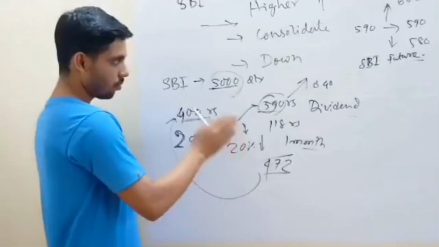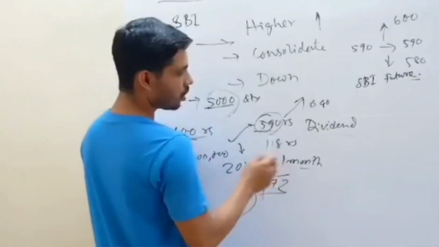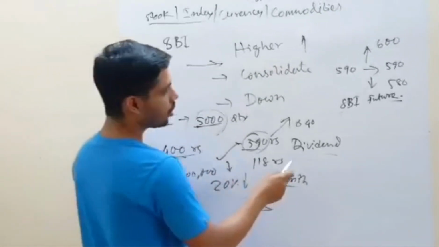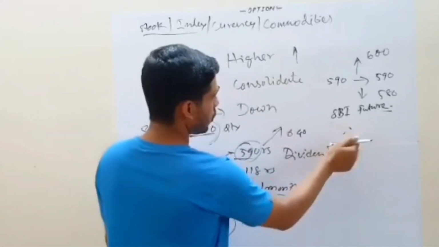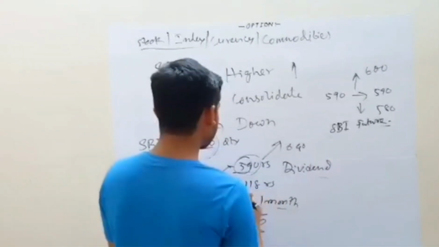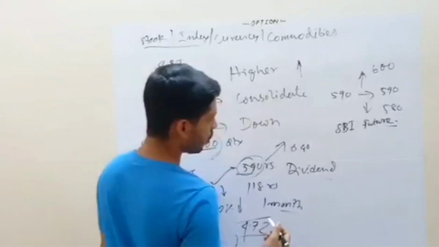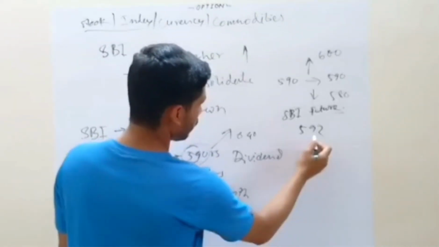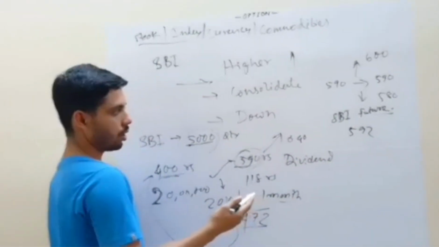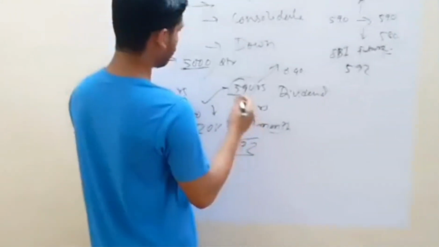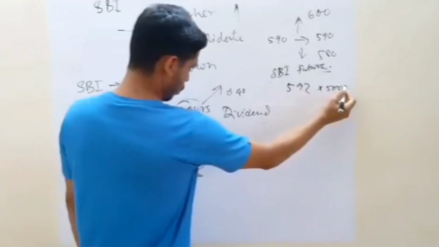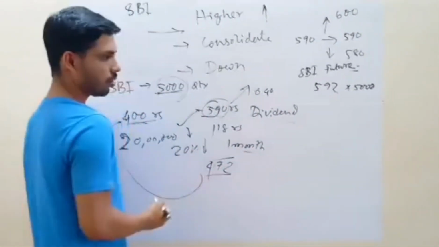But to short that he needs a good amount. For example, if you want to short 5000 quantity, the current market price of the SBI future may be trading at 592. So if he wants to sell the future, he has to take 5000 quantity as per the future contract.